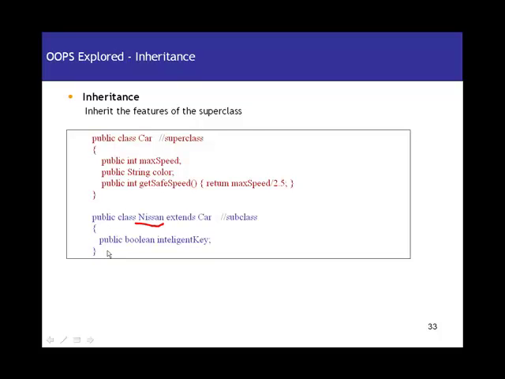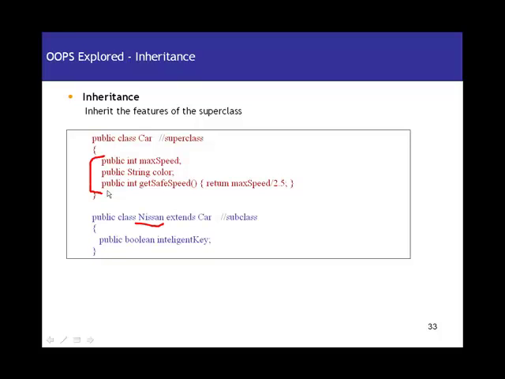I have an attribute called intelligent key in the Nissan class, and probably this is something special only to Nissan and it's not present in all other cars. For that reason, intelligent key is not part of car, but it's part of Nissan, right? But along with the intelligent key attribute, the Nissan car will also have all these attributes and methods as well.